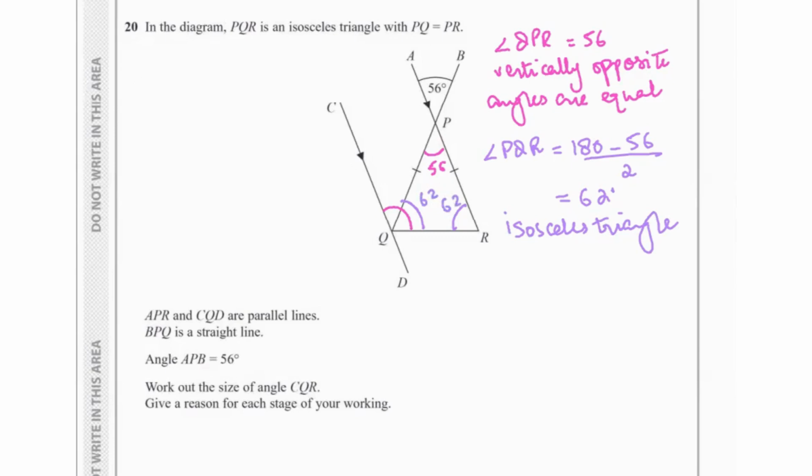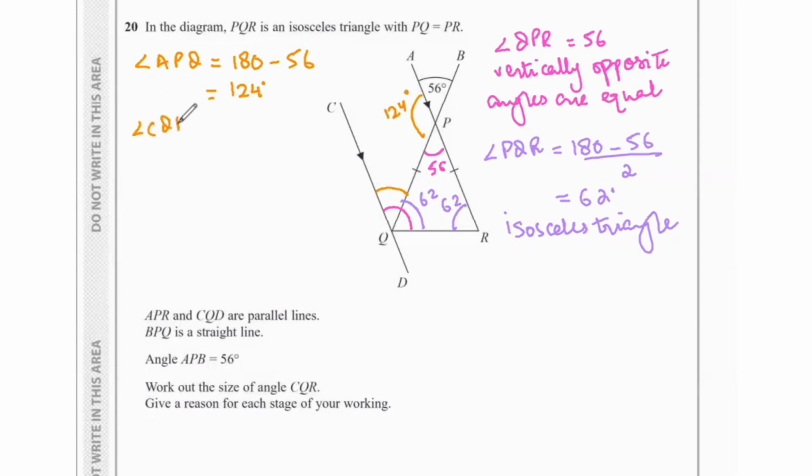So we can find this remaining angle. Firstly, BPQ is a straight line, so angle APQ is going to be 180 minus 56, which is going to be 124. If this is 124, we can find this angle.